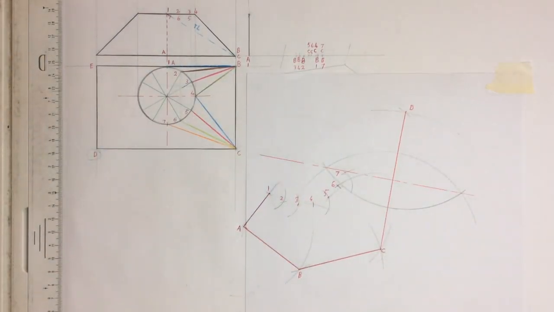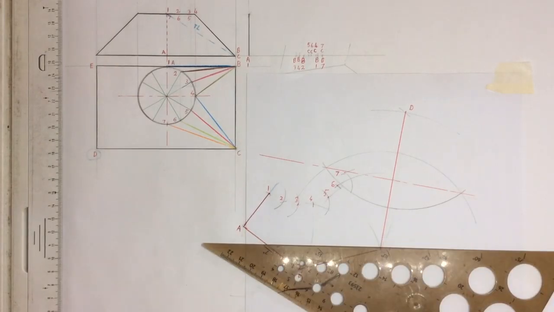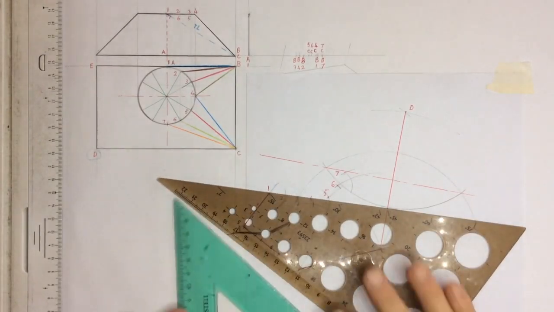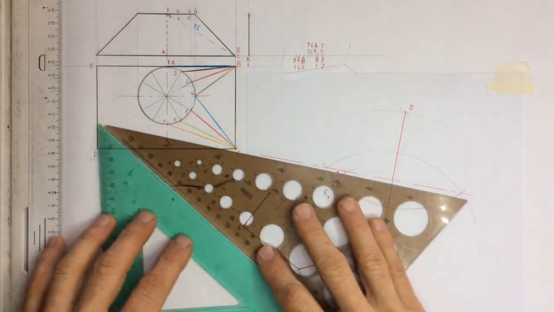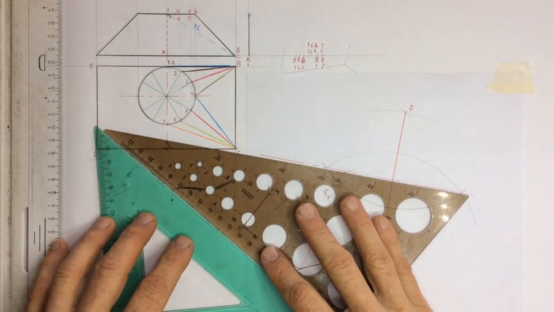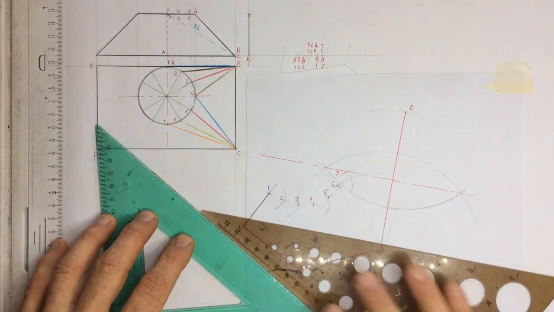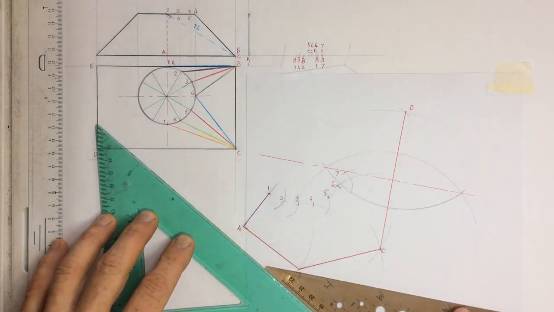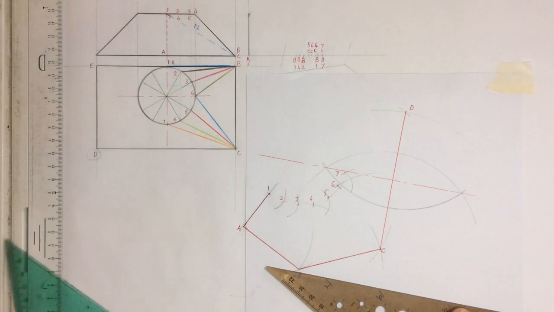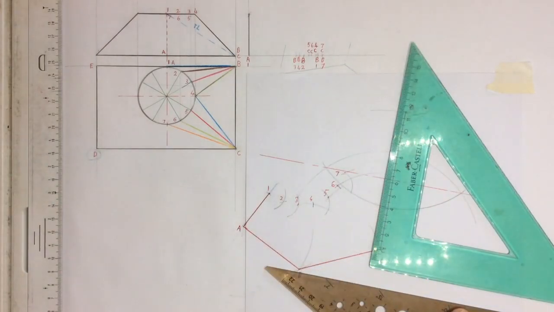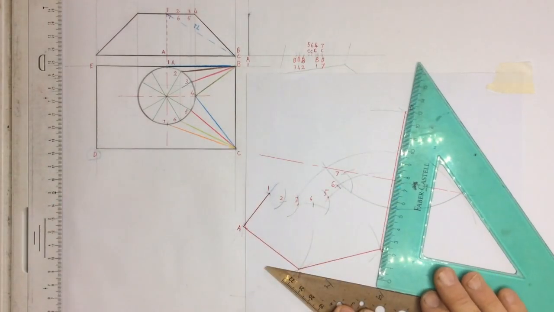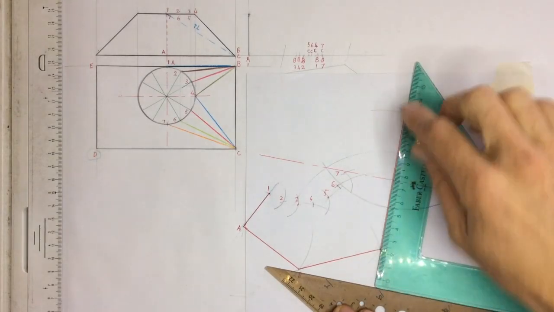Right. If I've got that, what I can do now is I can take my set square and I'm going to slide it back parallel to that line. I can now take this set square over here, holding this down very, very carefully. You'll see that that is at 90 degrees.